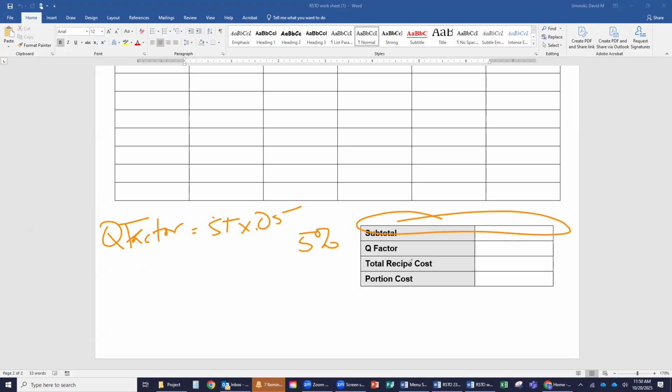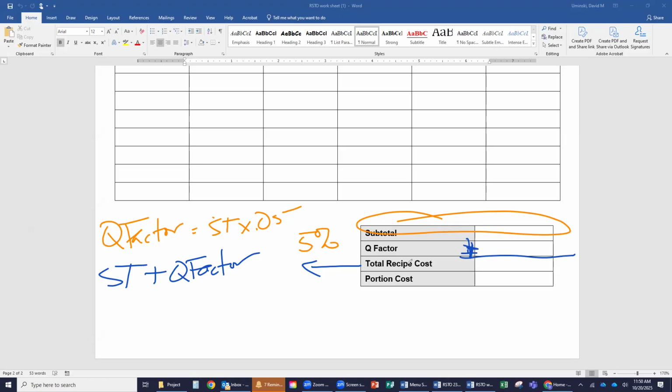Then the total recipe is going to be our subtotal plus the Q factor. So just a simple addition problem right here. For our project, it's always 5%. But in your own business, you'll determine what that Q factor is.